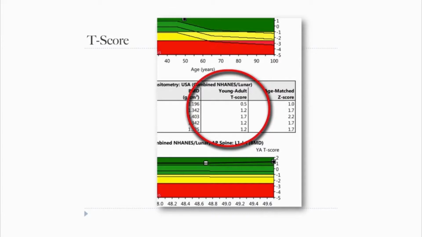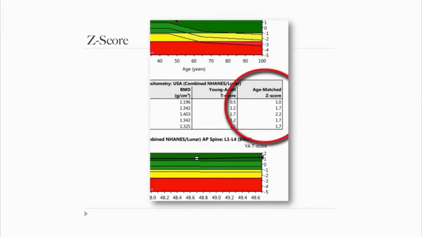It's based on the T-score. We'll be going into that in some detail. This report in this same segment also talks about the Z-score. Now the Z-score is where you're actually compared to people your own age. And so the Z-score is often substantially different than the T-score.